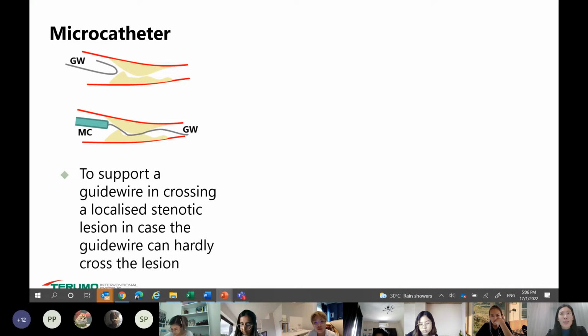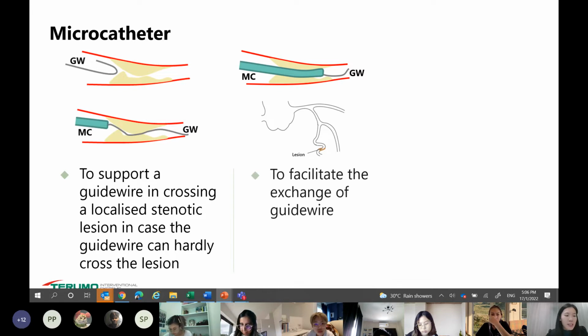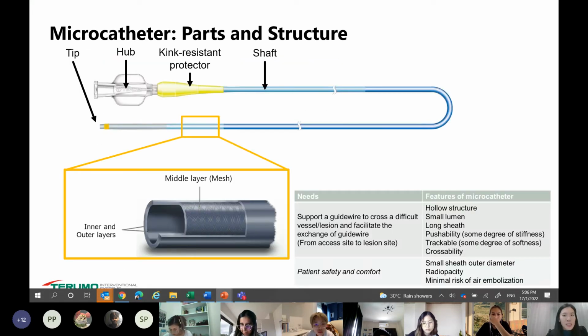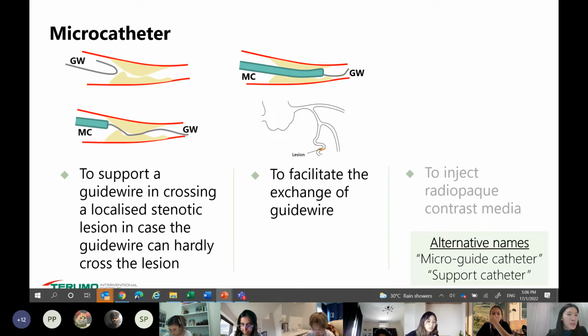The next target lesion assess product that I'm going to introduce is the microcatheter. As its name suggests, it's a smaller version of a guiding catheter. It can be called a micro guide catheter or support catheter. There's a very specific use of this microcatheter. Here you can see a very tight lesion, and the guide wire wants to go through.